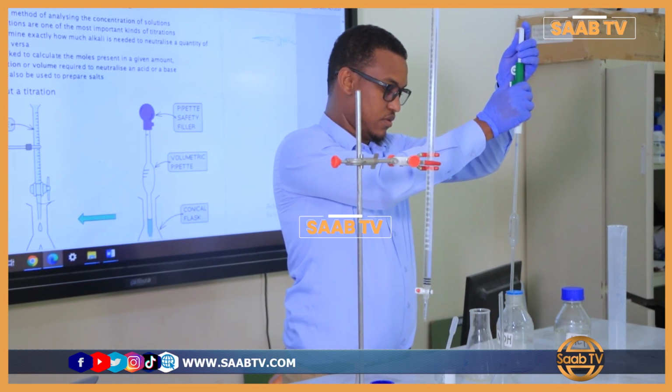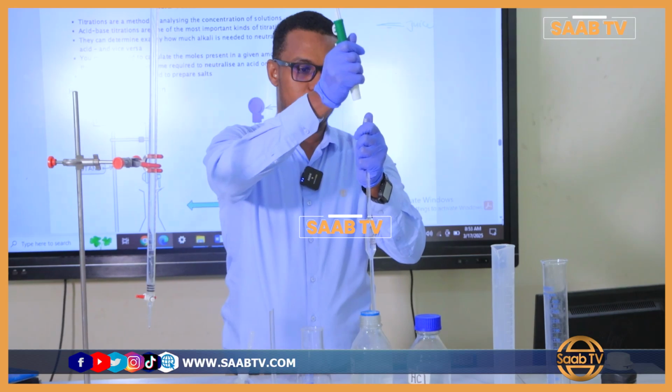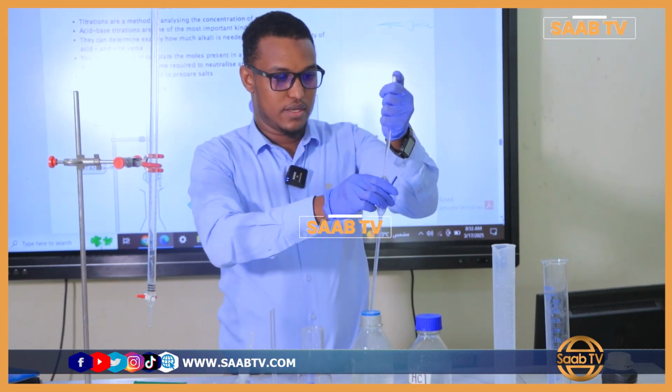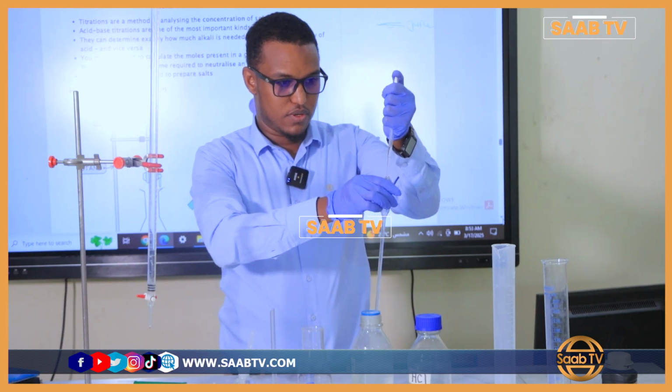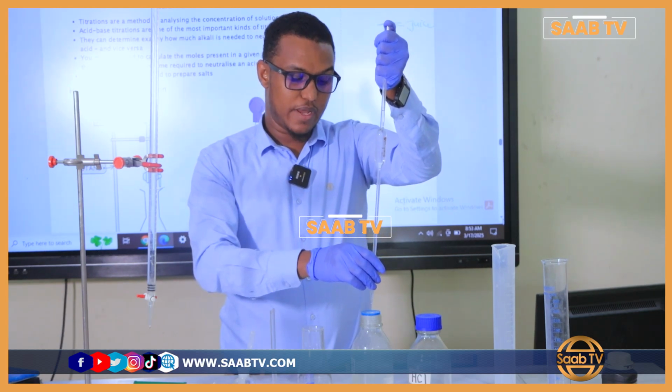Let's look at that line. That line shows us the volume is 25 cubic centimeters. So let me remove the filler pipette. I will use my tongue and then, so exactly 25 cubic centimeters of sodium hydroxide.